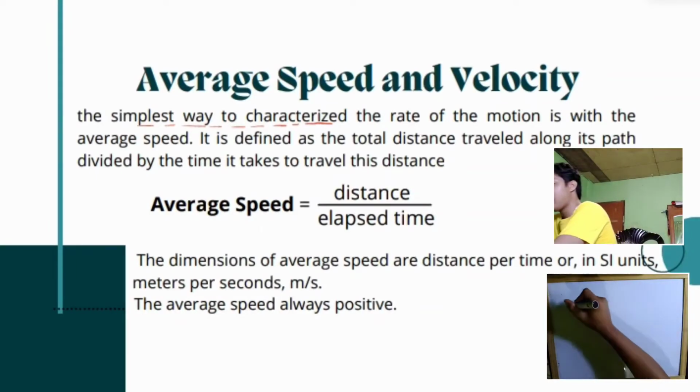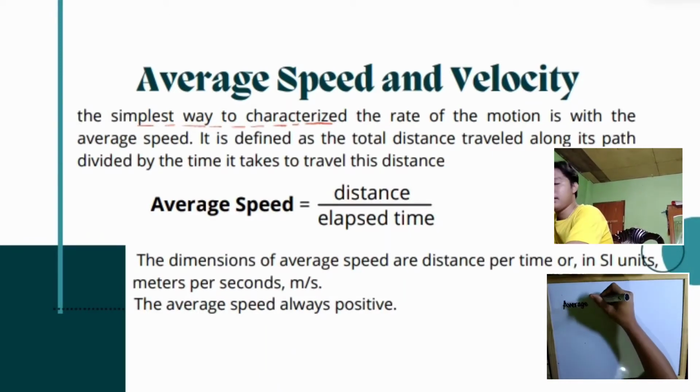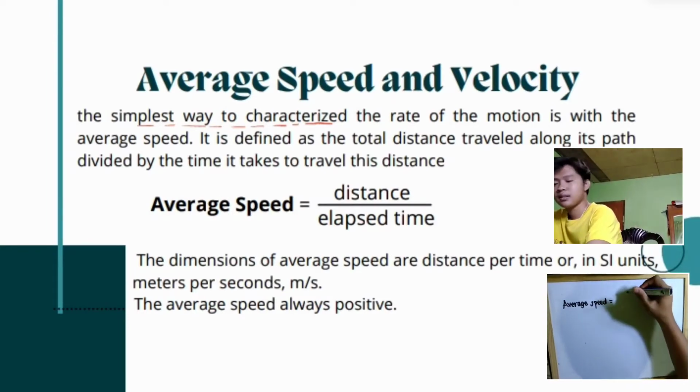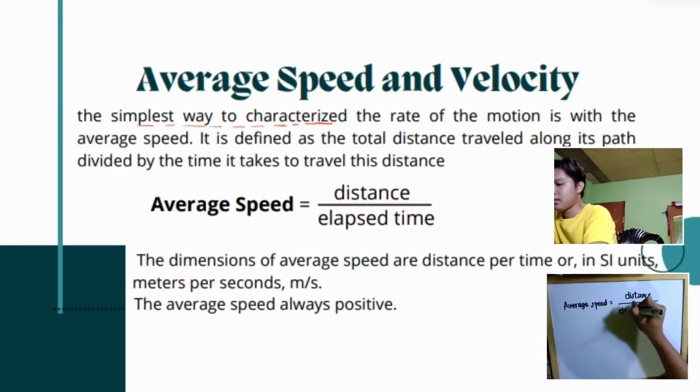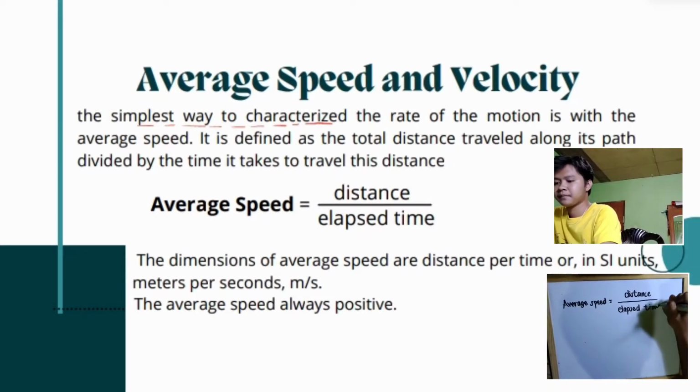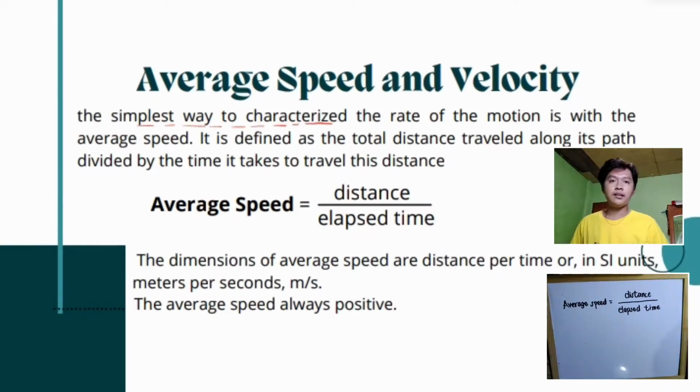So we have here average speed equals distance over elapsed time. The dimension of average speed are distance per time, or in SI units, meter per second. The average speed is always positive.